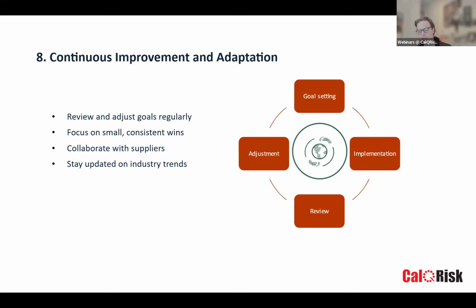Work with suppliers. You might be quite surprised by how good your suppliers are already. Shipping companies that I've mentioned several times are great. There are other small local businesses that are doing great work around reducing any waste, ensuring no waste goes to landfill and so on. And just regularly review it and update it as you see fit, based off the trends that you're seeing in your data.